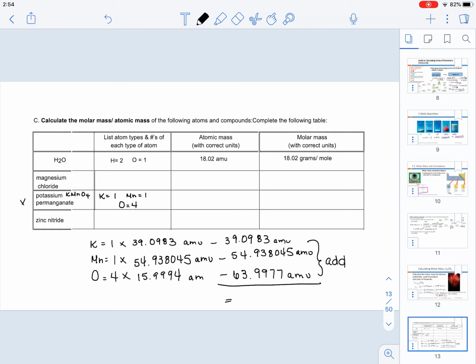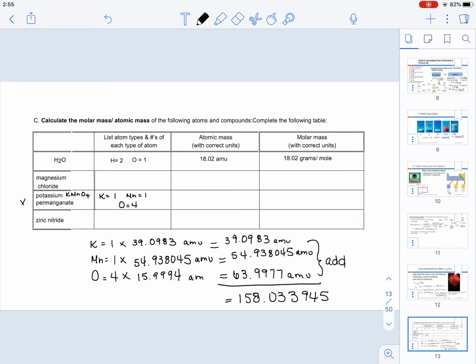Okay? Then we're going to add all of these values. And when we add these values, then we find a molar mass of 158.033945.